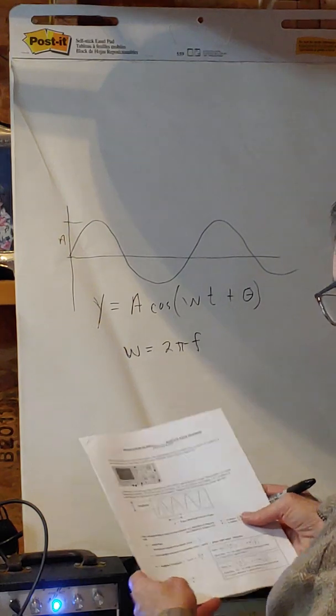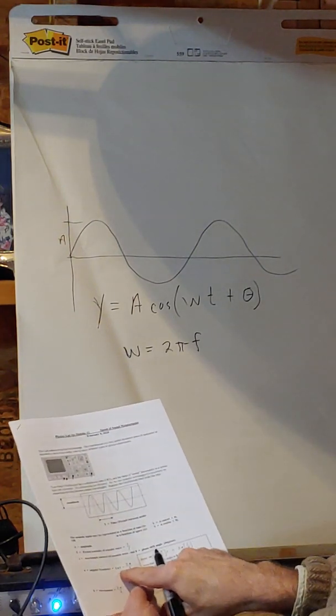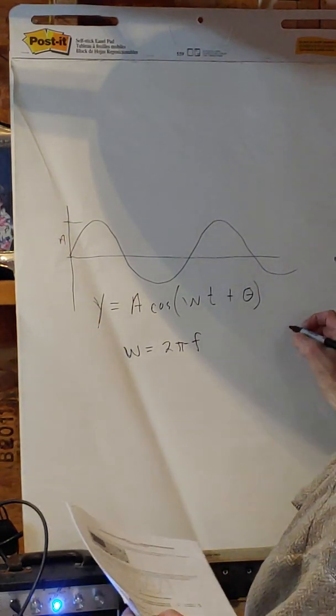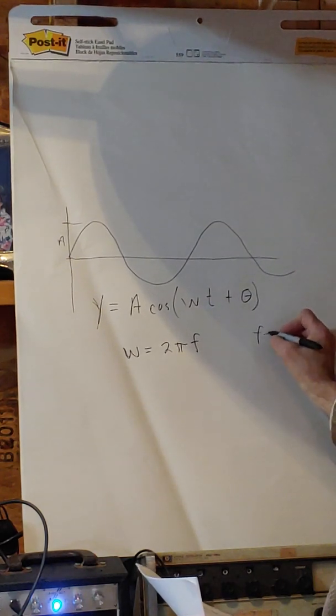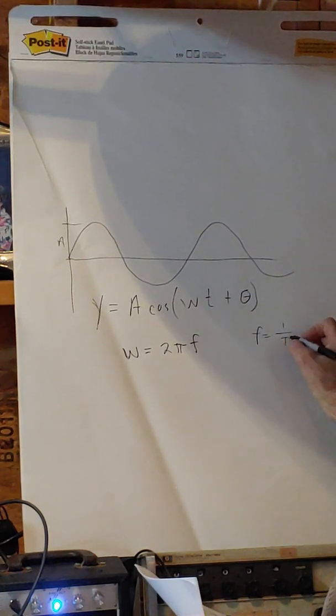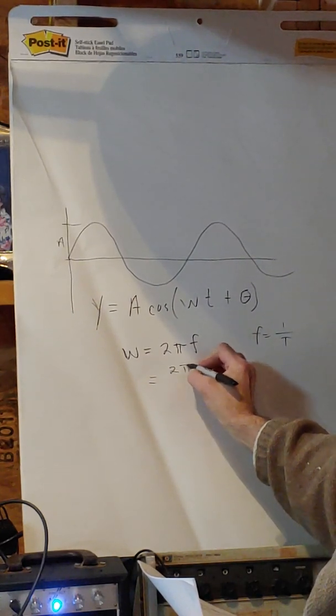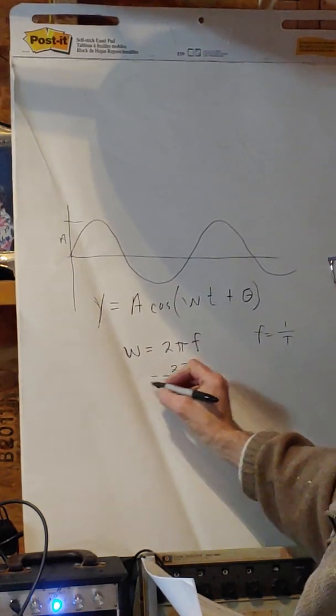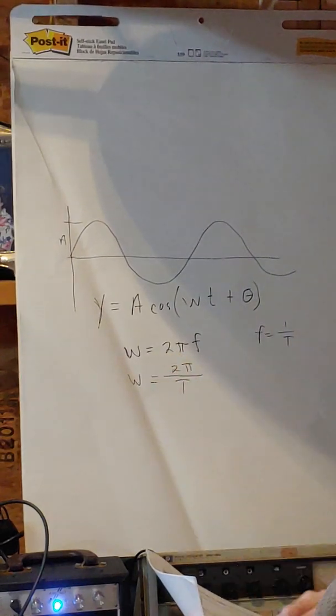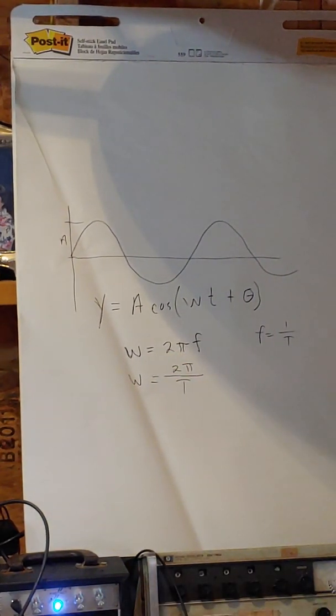So we have that right on page 2. Remember, frequency is equal to 1 over the period. So we can rewrite this as 2 pi over the period, and that's omega. Okay.